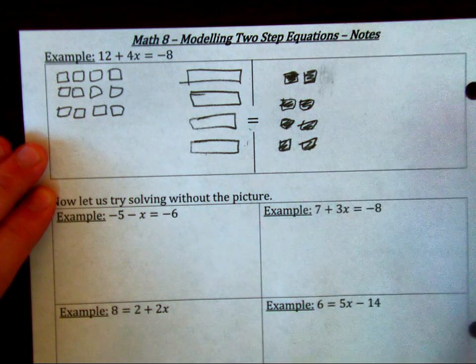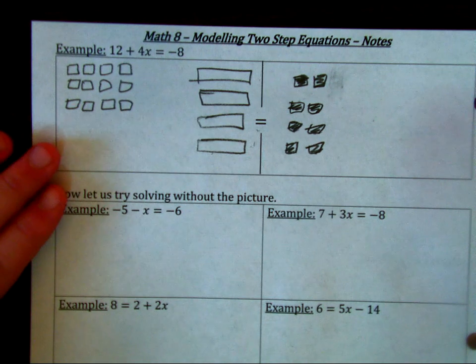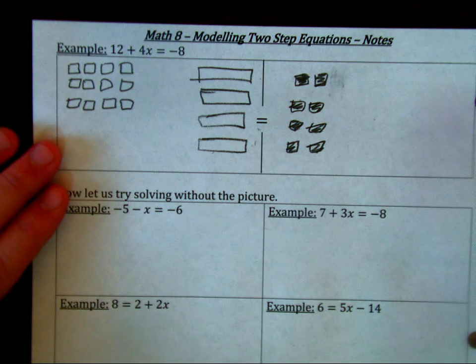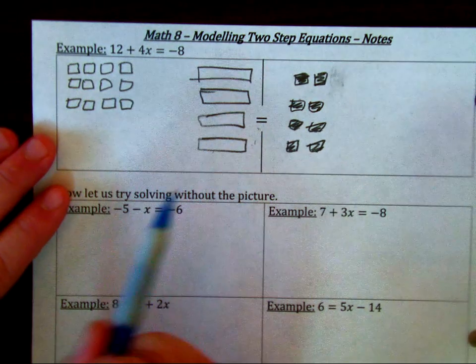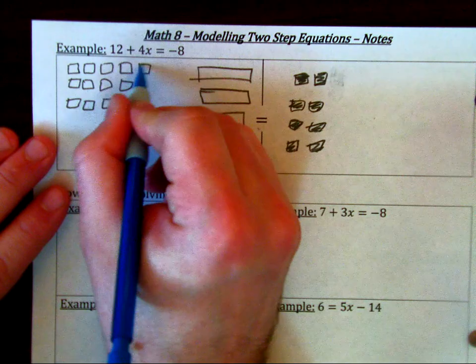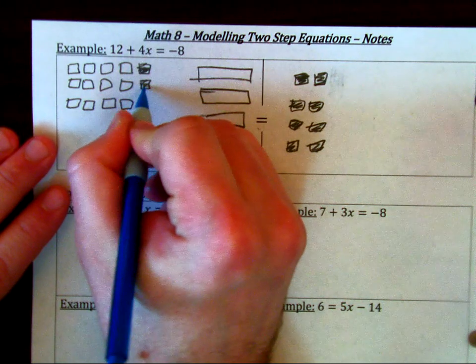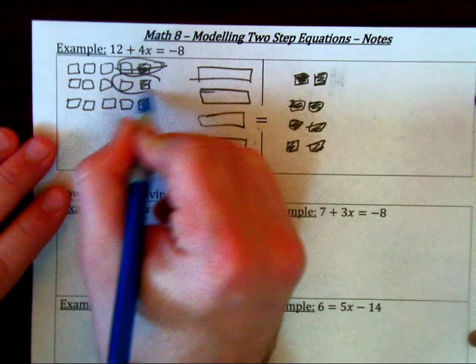All right. So again, just like we were doing, what do you guys think we're going to do here? Very good. We're going to add the opposite to both sides because we're trying to get these x's by themselves. So I'm going to add 12 negatives. Again, if you want to use those counters to cancel out, you certainly can.